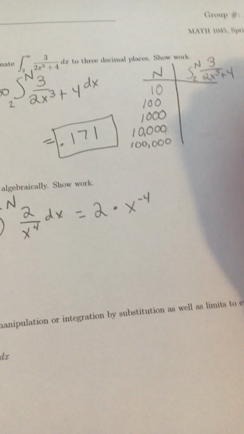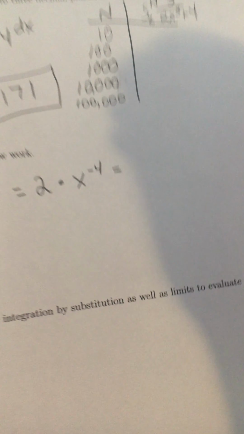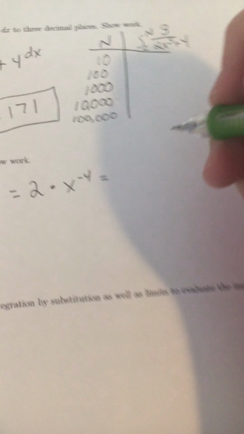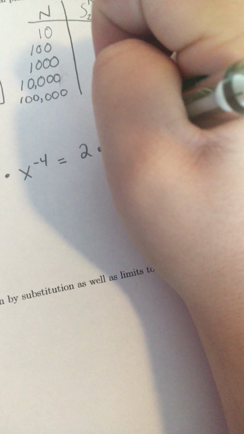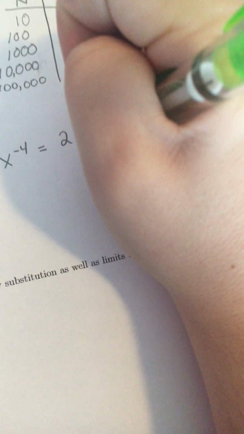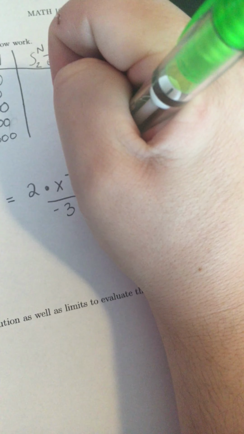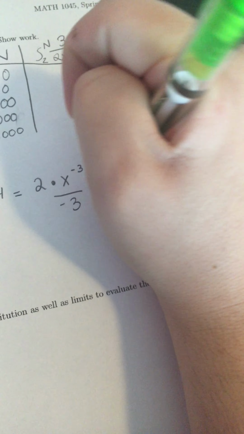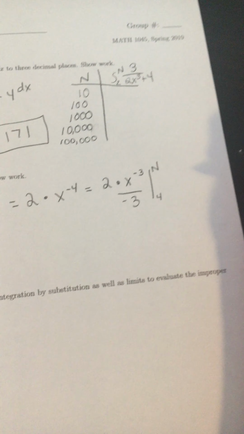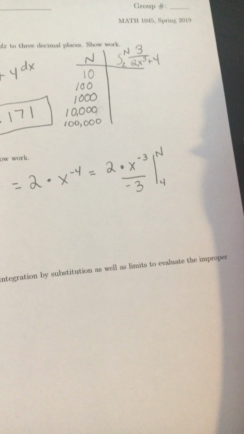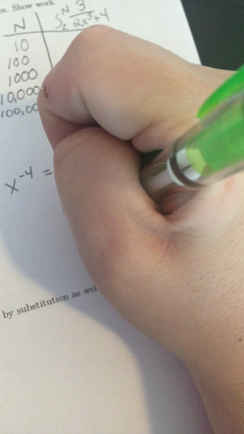And then we want to take the antiderivative of that, which would then be 2 times x to the negative third over negative 3. Oh, and then we don't want to forget, we still want to go from 4 to n, so we're going to write that over on the side. And then from there, don't forget our limit of n to infinity.